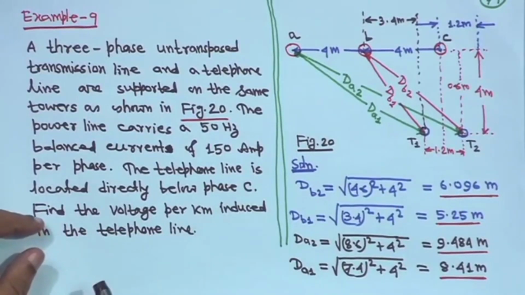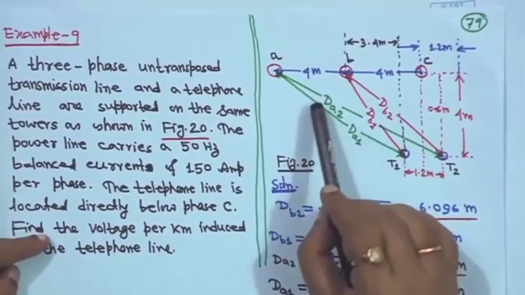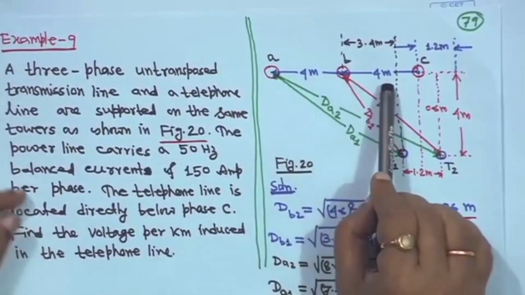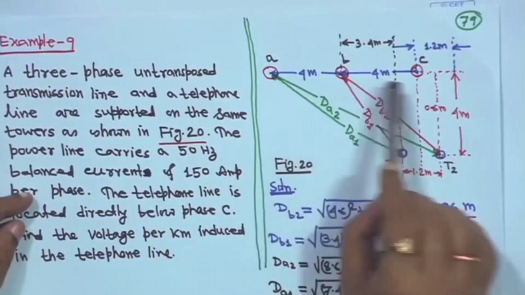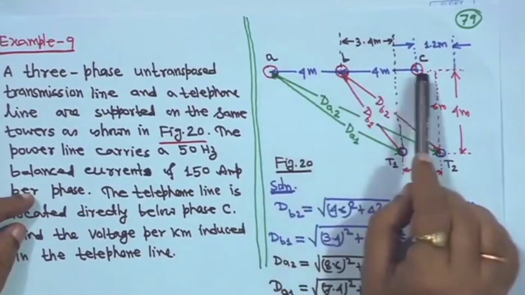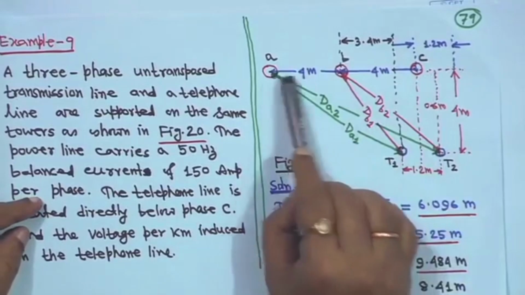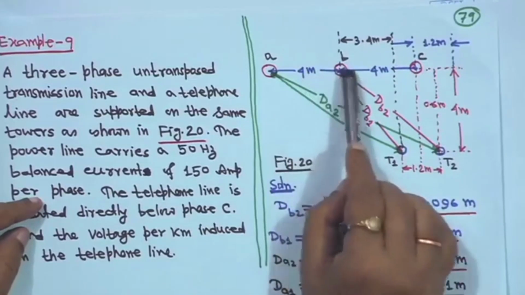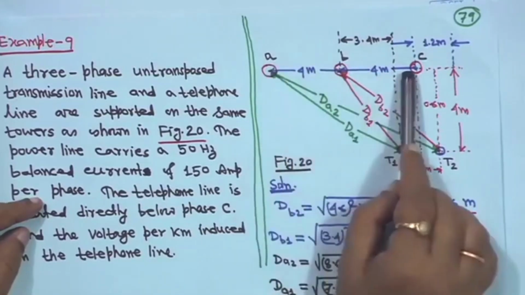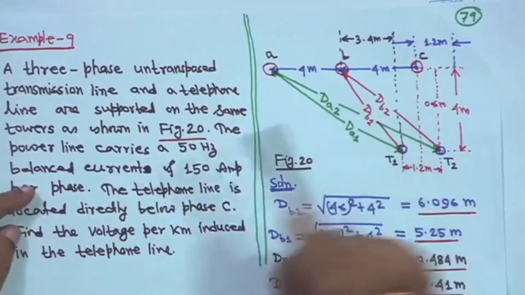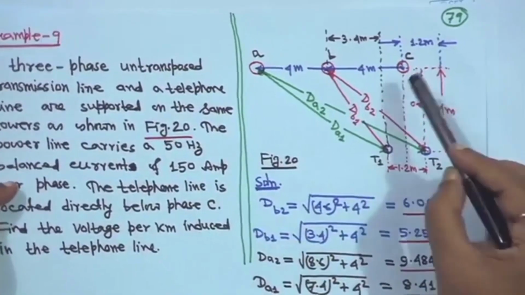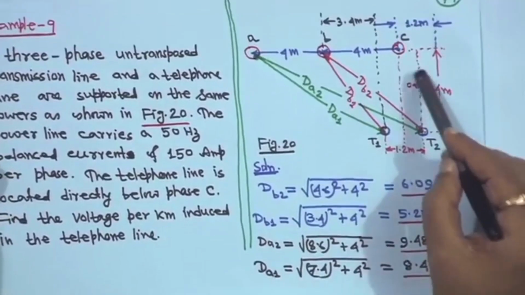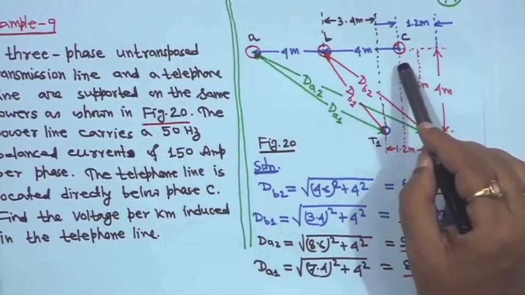This is the problem. Now, this is your 3-phase untransposed line. So, in the horizontal configuration it is A, B, C, these 3 phases. The distance between phases A and B is 4 meter, B and C is 4 meter, and A and C will automatically be 8 meter, right. And the telephone line is there below the phase C conductor, right.